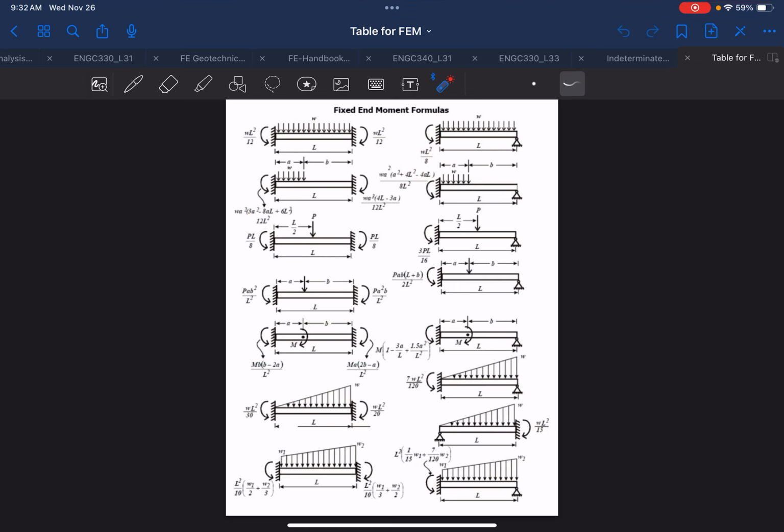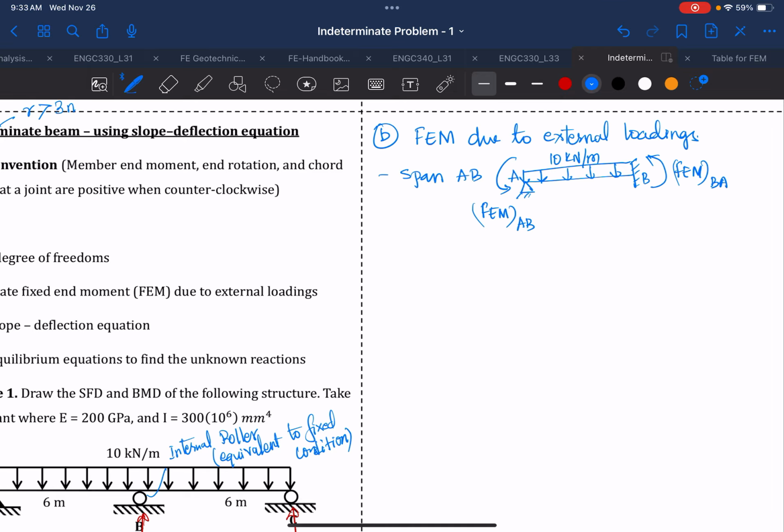And if you see in all these fixed end moment formulas, the way that they have derived the formula is this is counterclockwise, this is clockwise. So which means that if I switch, this will be clockwise. So that means this is clockwise, and our sign convention is counterclockwise.